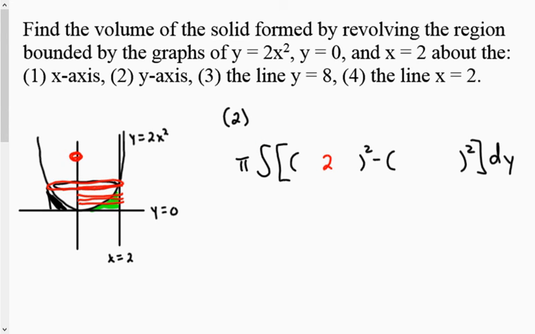Now another thing I should do here too is, where does my region start and stop in terms of y? Well, it starts at 0, because we start at the x-axis, and then it goes to this point right here, where the curve y equals 2x squared equals 2. So I need to figure out, where does 2x squared equal 2?